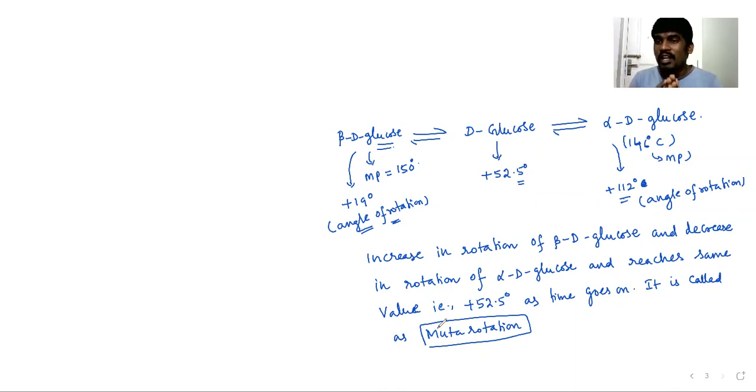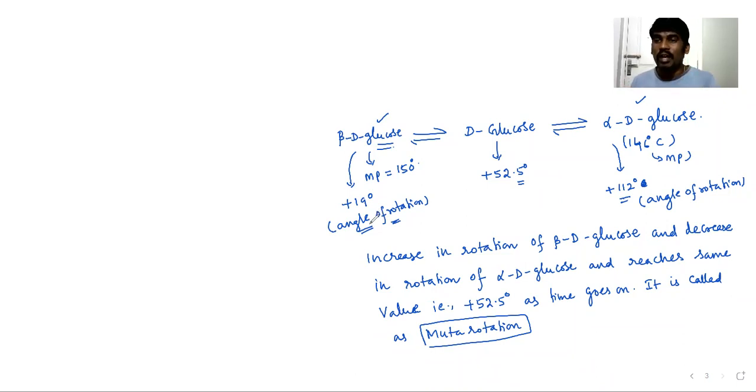But the phenomenon of mutarotation you can understand only by the existence of beta-D-glucose and alpha-D-glucose. The existence of alpha and beta-D-glucoses could not be explained by the open chain. Obviously, mutarotation also could not be explained. So if you know the cyclic structure, then only you will understand the mutarotation phenomenon also, right?